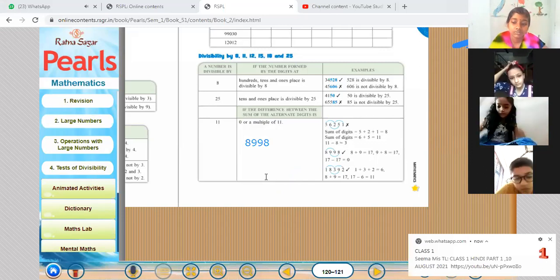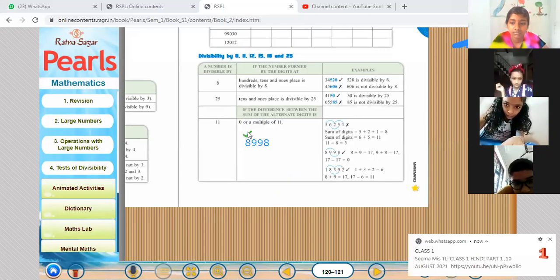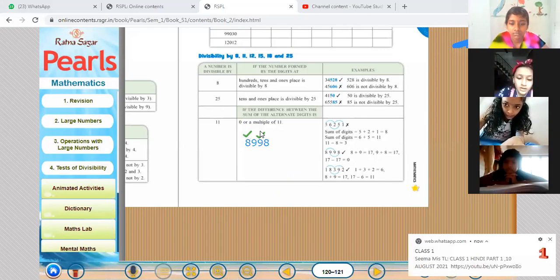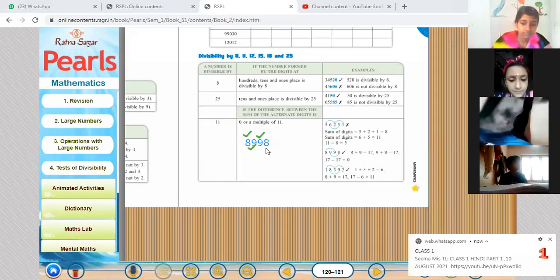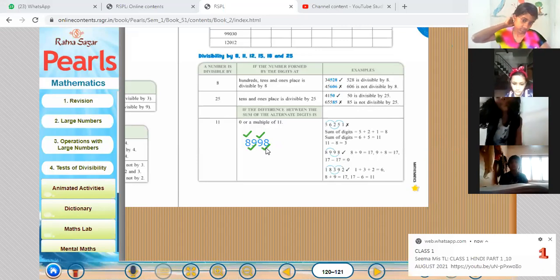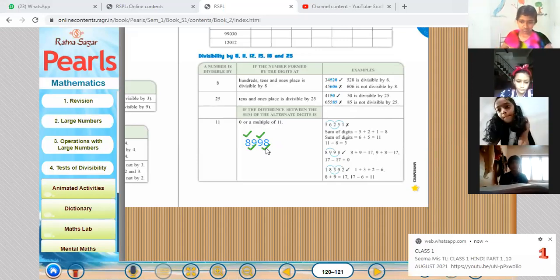The first pair is the first 8 and the second 9, and the second pair is the second 9 and the last 8.